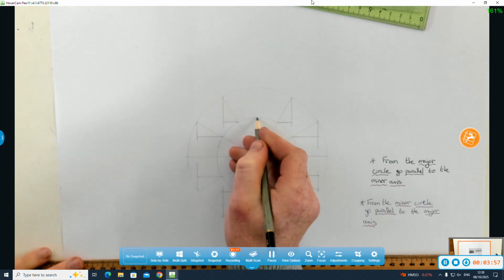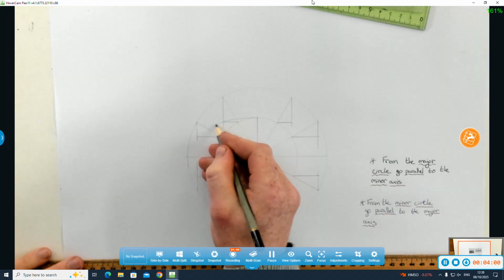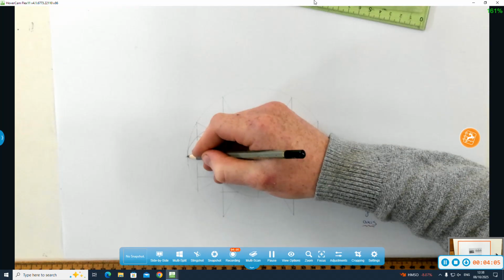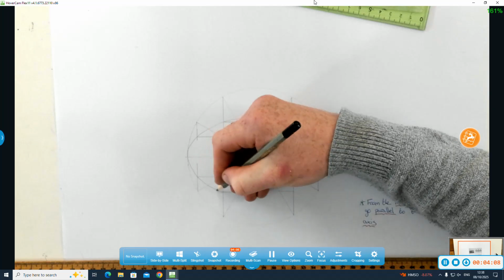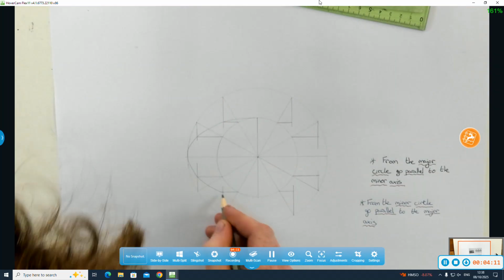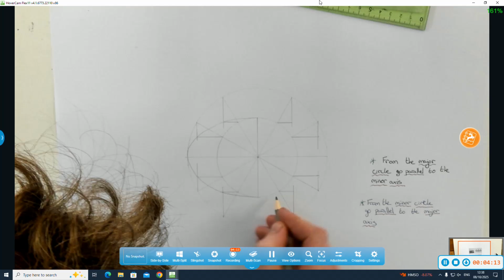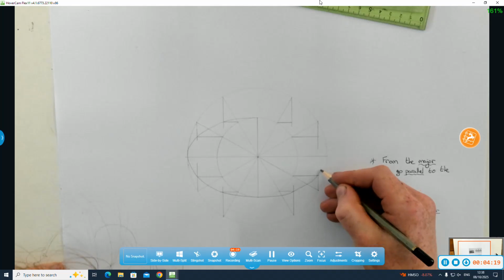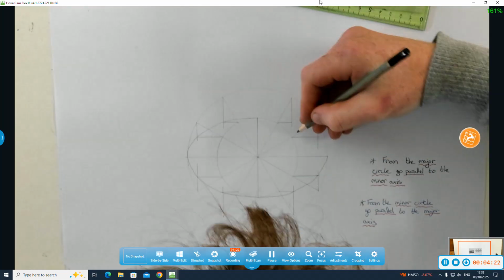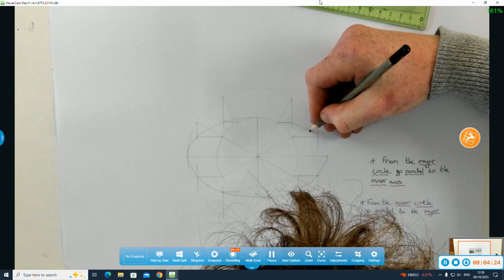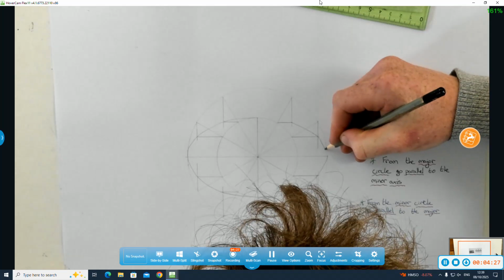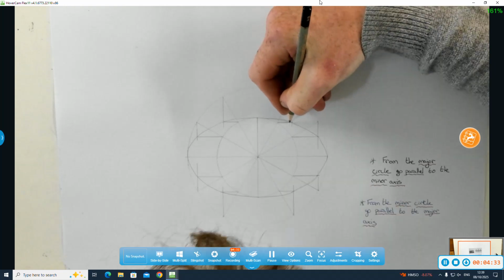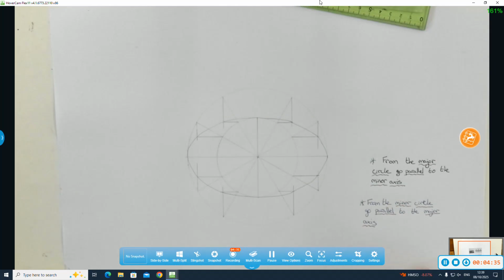I'm going to just freehand this in nice and lightly now, first of all, to start, because all of this ellipse isn't darkened in the question. Okay, so that's our ellipse drawn in, right?